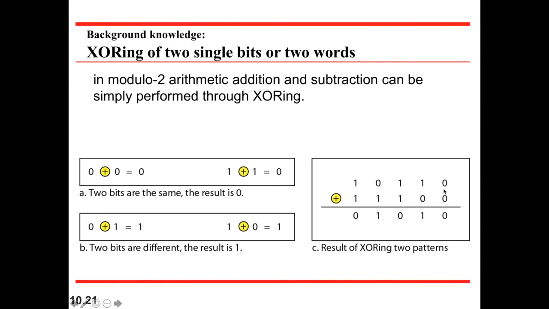This is called bitwise XOR. Same numbers 0, different numbers 1, same numbers 0, different numbers 1, and same numbers 0. So this is the answer of your XOR when you perform it on these two data words or code words.